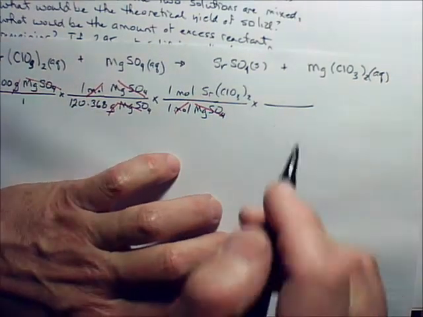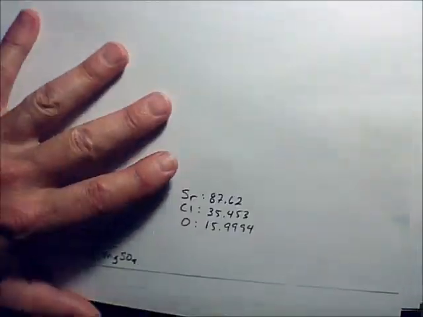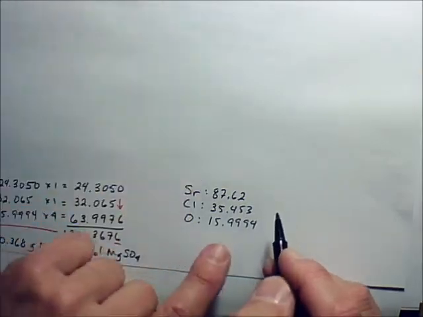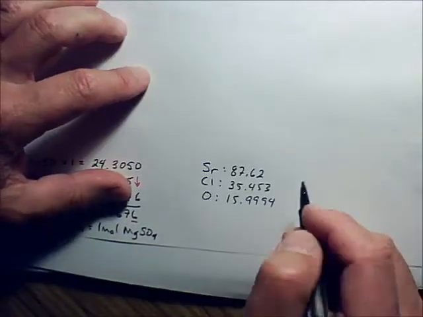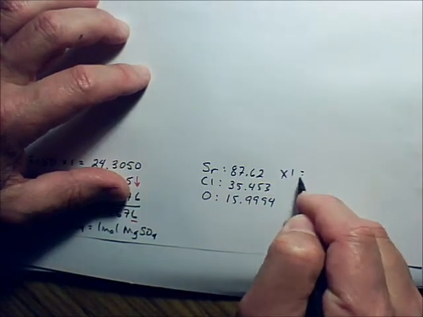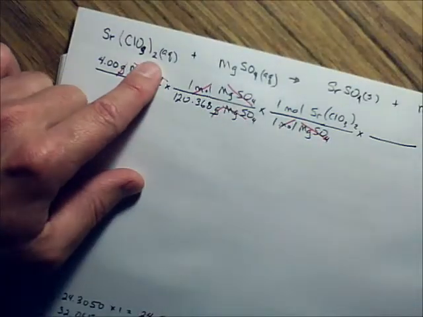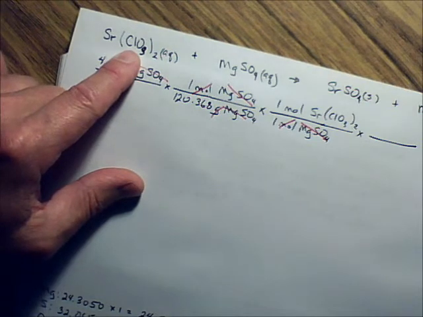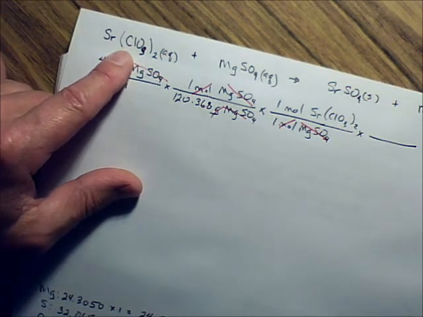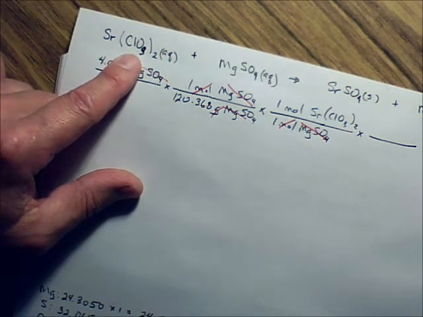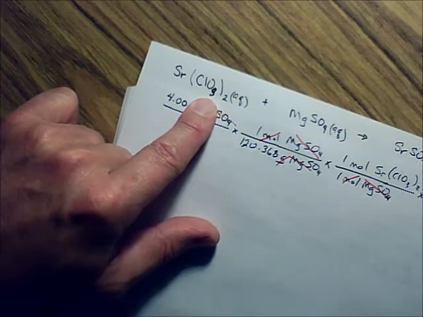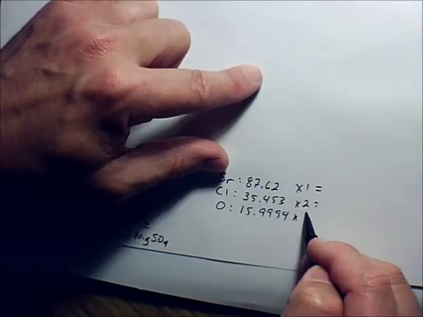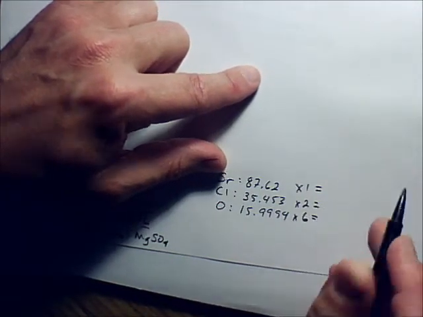All right. We haven't finished our molar mass calculation down here. We've got 1 strontium up here, so times 1. We've got 2 chlorines: 2 chlorates and 1 chlorine on each chlorate, so that's times 2. And we have 6 oxygens, times 6.